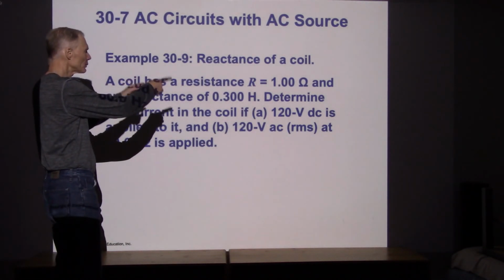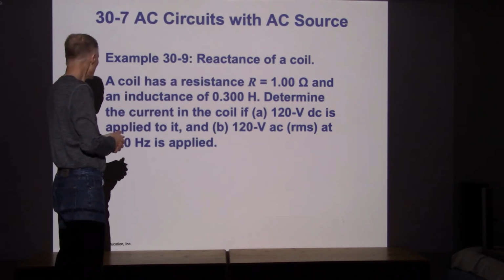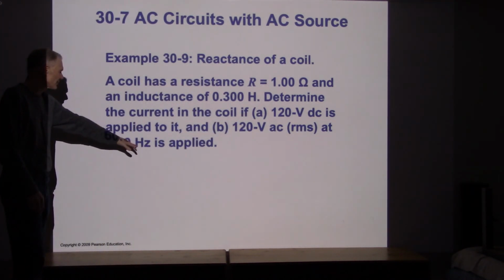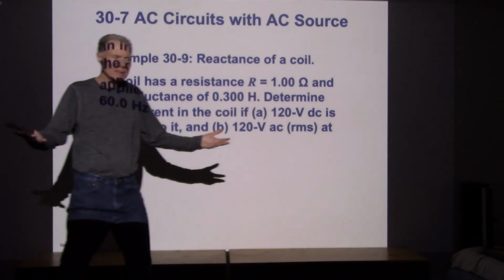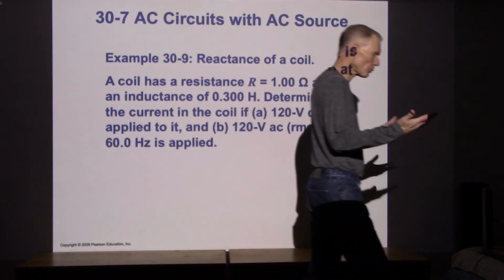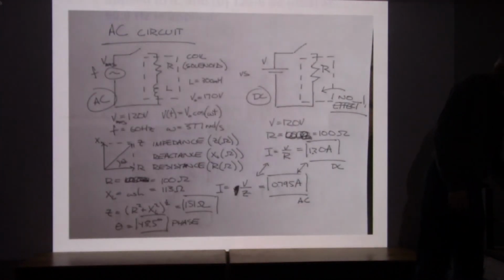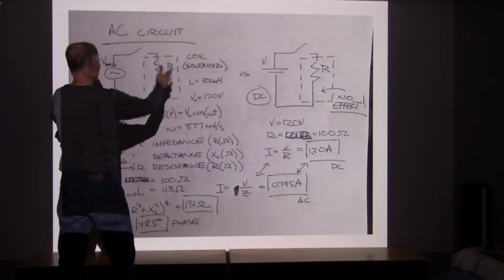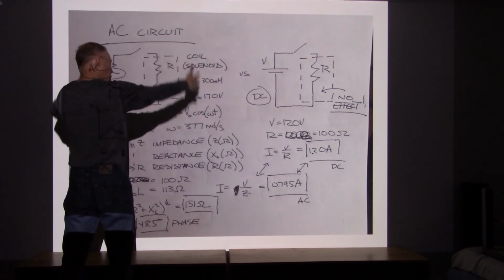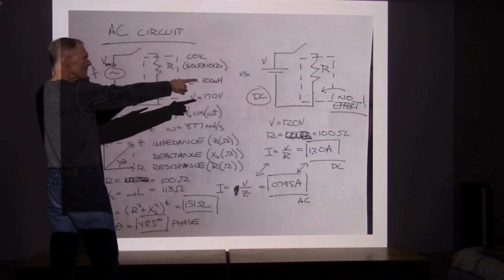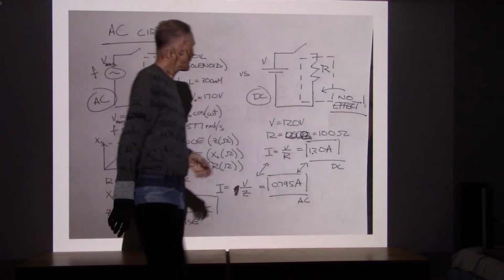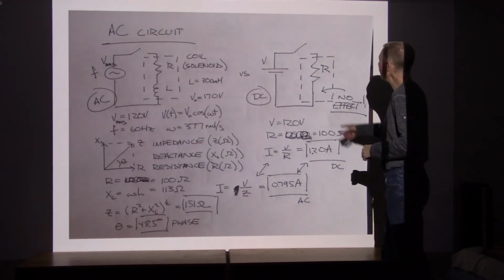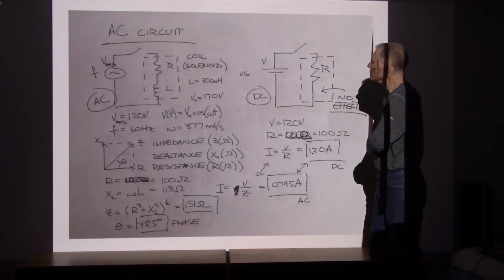So first 120 volts DC, and then 120 volts AC with a frequency of 60 hertz. How is the circuit going to respond under those two circumstances? I put the AC circuit prominent over on this side, and the DC is really the reference. Now they ask us to remind ourselves how a DC circuit would work.